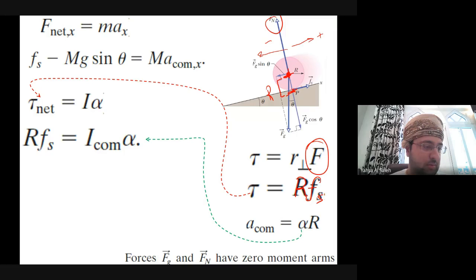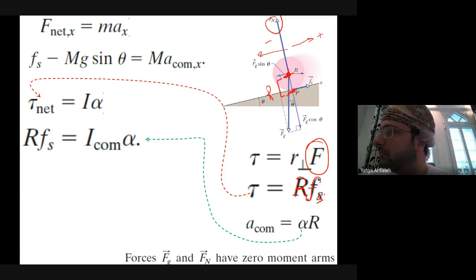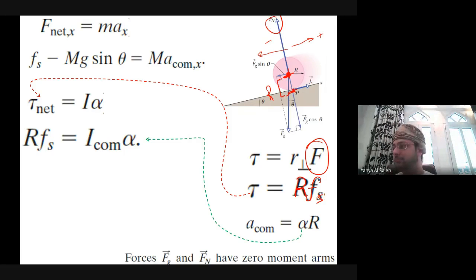Okay, I can see there is a confusion. Let me try and alleviate that confusion. Forget that this is a thick disk.